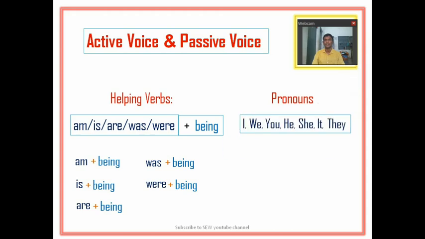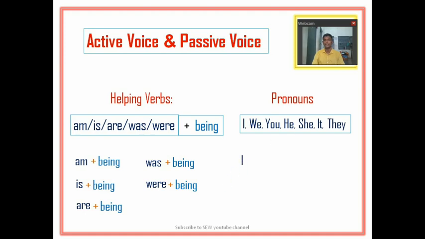What are pronouns? I, we, you, he, she, it, they are pronouns. We can call them subject pronouns. But sometimes they may come in the object place also, and we can call them object pronouns.